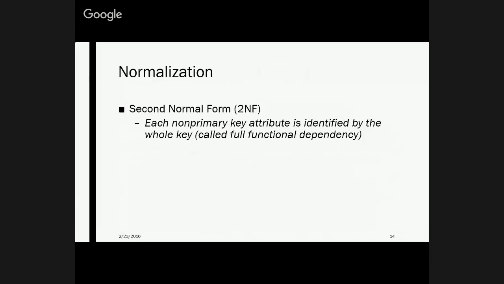So for something to be in second normal form, each non-primary key attribute is identified by the whole key. This is a different kind of definition than we had. The idea is that any candidate key can be determined by the primary key.